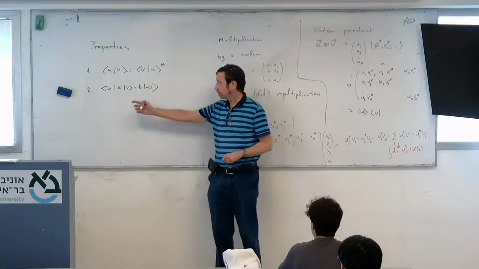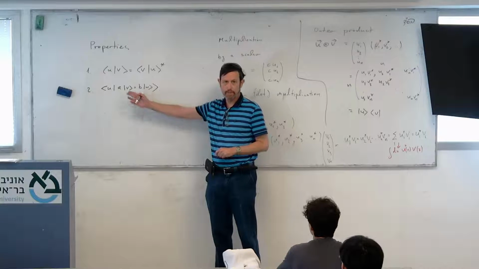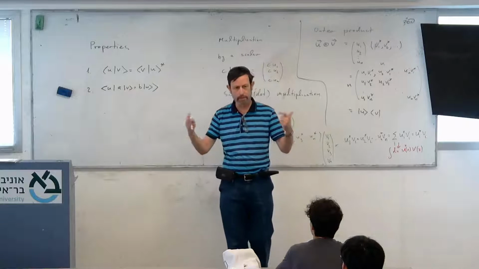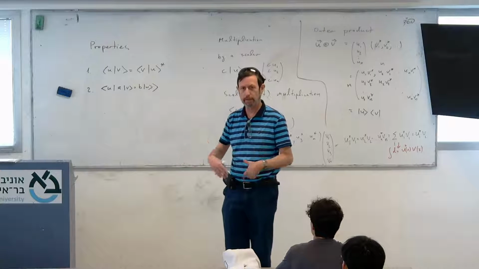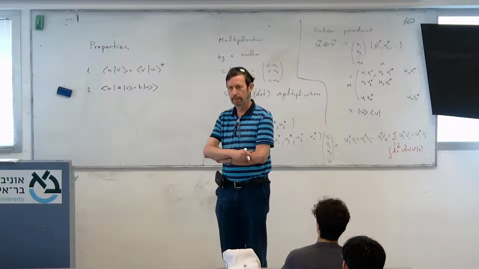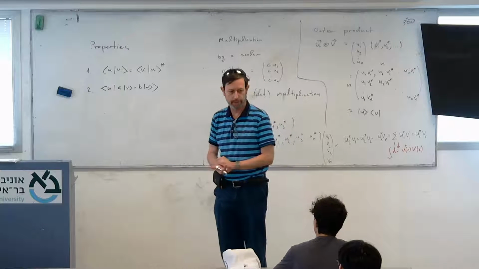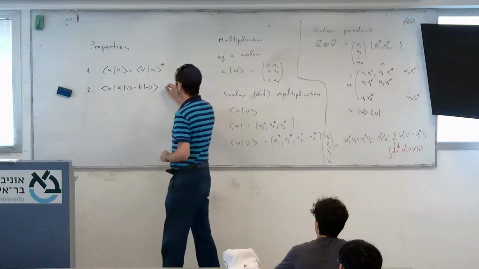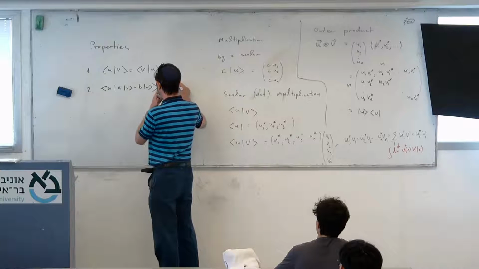Okay, so what do I do? Step by step, multiply the vector v by the scalar a, multiply the vector w by the scalar b, add them, and then multiply them. You can prove it to yourself immediately.